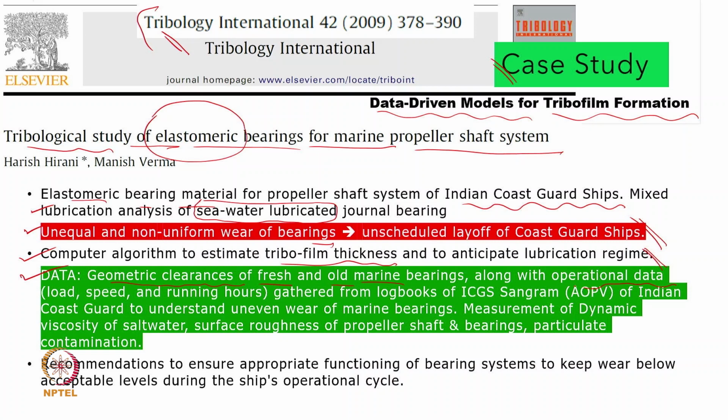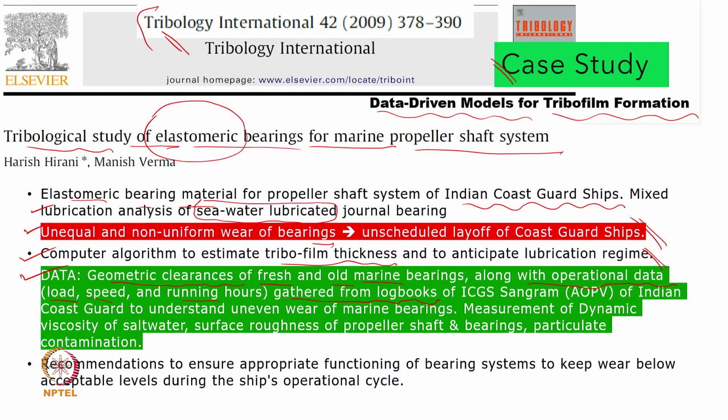Also we found the data for the operational conditions, what the load, speed, and running hours were, because we got hold of their log books, and one of the slides will show those kinds of data also. And we also did some measurement in a lab, particularly the dynamic viscosity of the salt water.